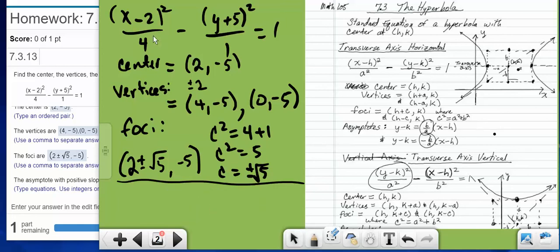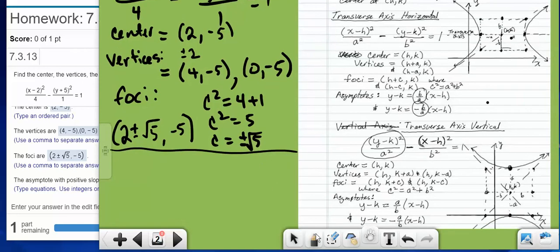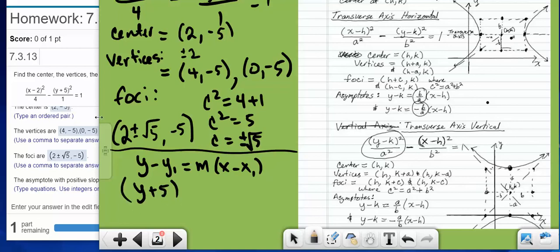So what you do is you're going to do y minus y1 using point slope form equals m(x minus x1). And the y minus y1 is just this y plus 5 from the y minus k. So it'll be y plus 5, you don't change anything, you just leave it exactly the way it's written in the problem, equals m.